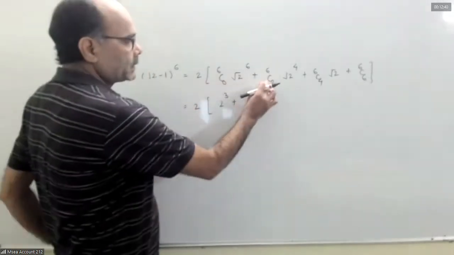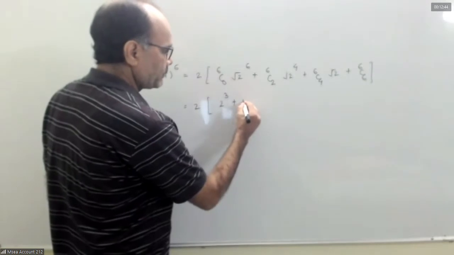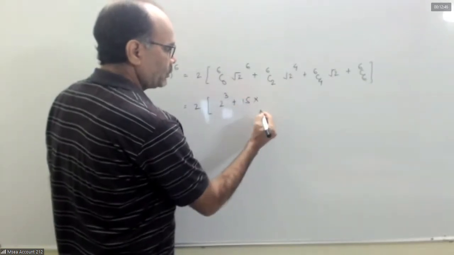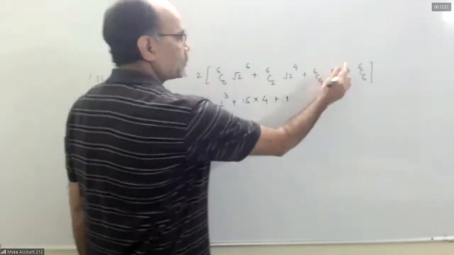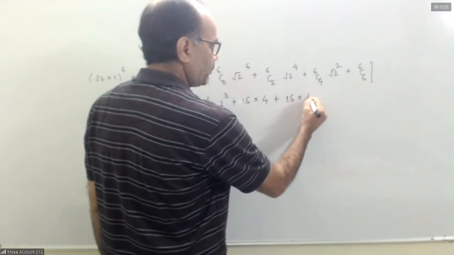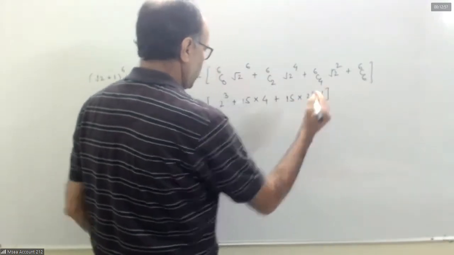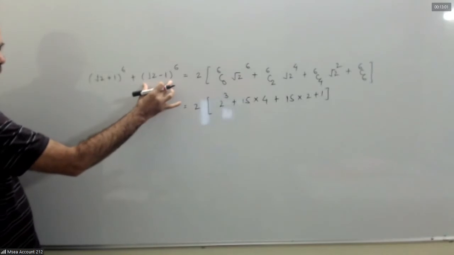2 cube, 6c2 is 15, into 4, 64, 15, sorry, here root 2 square. 15 into 2, plus 1. Now, this is a proper fraction.